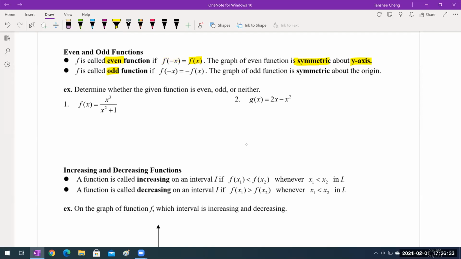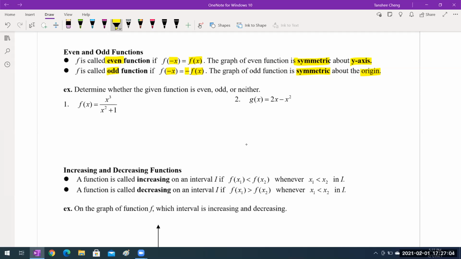We substitute negative x into the function, and the outcome is an extra negative factor on the original function. Then we call that an odd function, and the odd function has the property of being symmetric about the origin. And that's going to come in handy once we go into chapter 3. We're going to be using the calculus approach to graph a lot of functions.